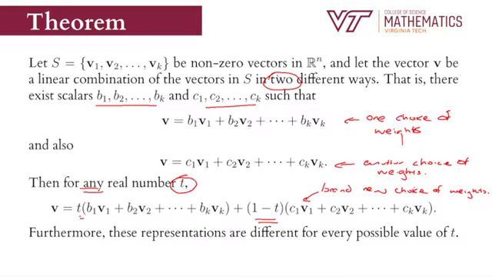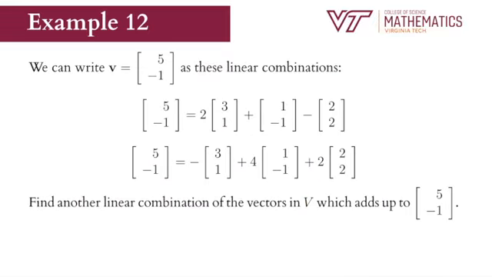So let me show you an example of what I mean by this. In this example here, we have a vector 5, -1. And it is a linear combination of these 3 vectors, 3, 1, 1, -1, and 2, 2. And it's a linear combination in 2 different ways.